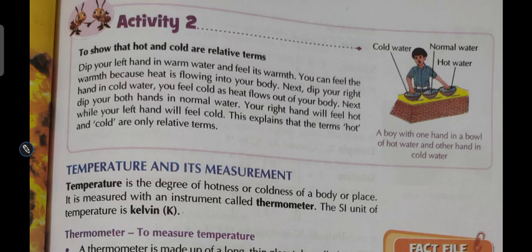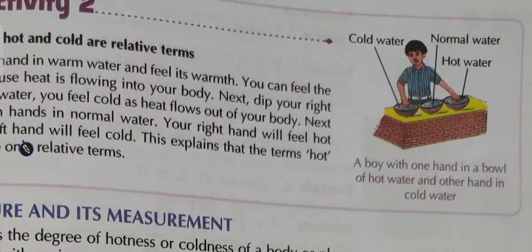Students, in this picture, as we see, there is a boy who is dipping both his hands. First, he has dipped his left hand in hot water. Then he is feeling the warmth, and next the right hand is dipped in the cold water. Then he is feeling what?